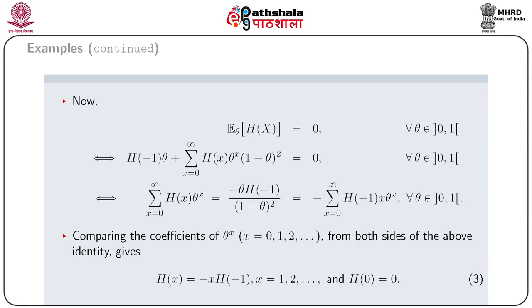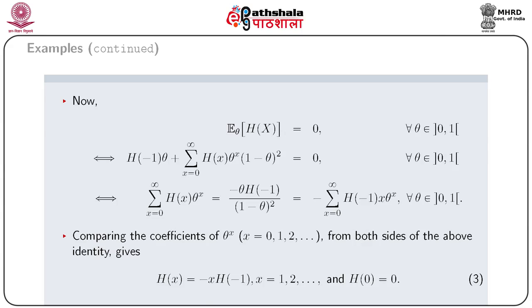Now, comparing the coefficients of θ^x for x = 0, 1, 2, from both sides of the above identity, we get h(x) = −x h(−1) for x = 1, 2, and h(0) is equal to 0. We write this as equation 1.